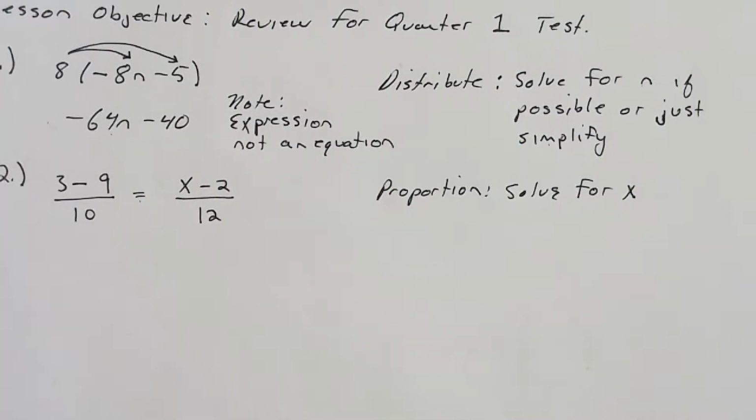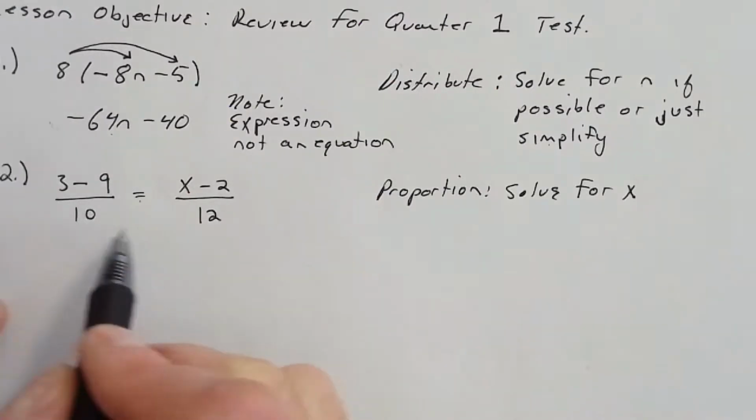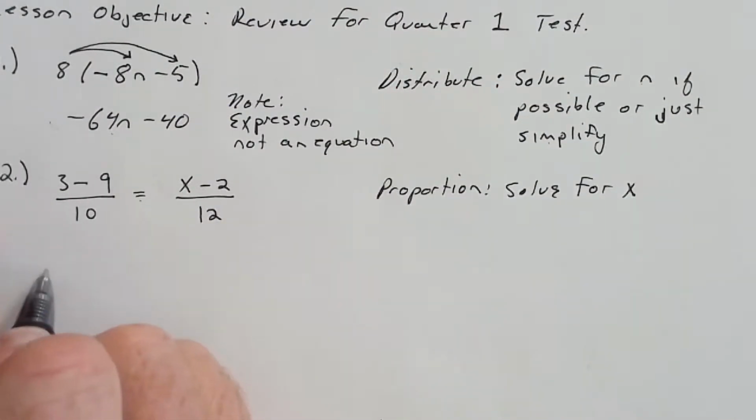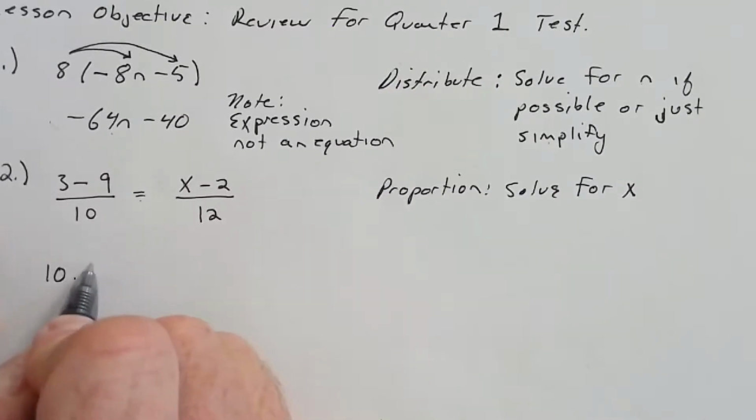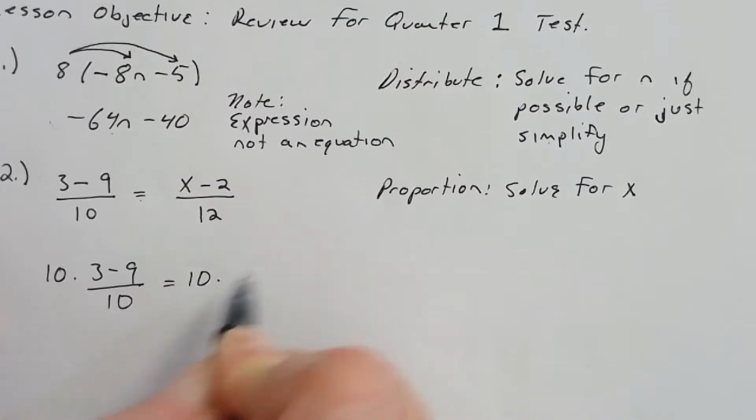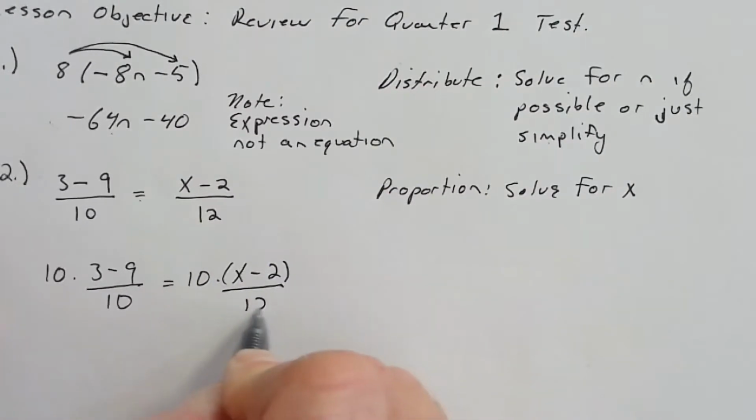So what's the first line of business with this type of problem? Somebody say cross multiply? So we'll just cross multiply. So let's go ahead and get rid of the 10 on this side. So 10 times (3 minus 9) over 10 is equal to 10 times (x minus 2) over 12.